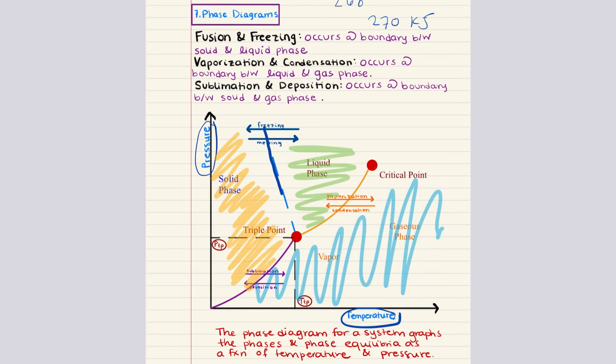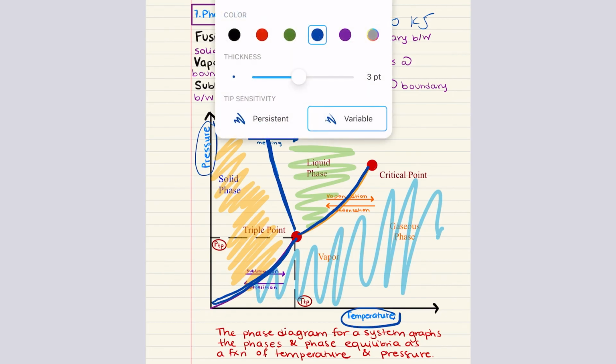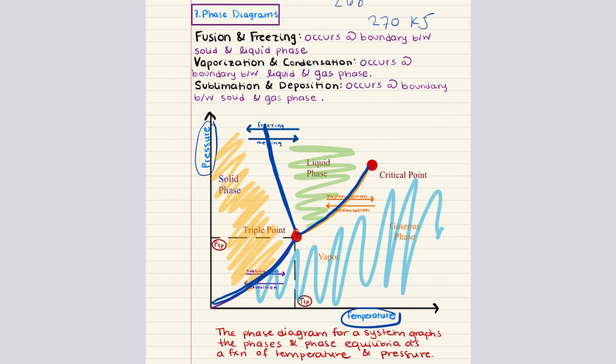So for example, this line right here represents the conditions in which the solid and liquid phase can coexist in equilibrium. This line right here represents the conditions in which the solid and gas phase can coexist in equilibrium. And then this line right here represents the conditions in which the liquid and gas phases can coexist in equilibrium.